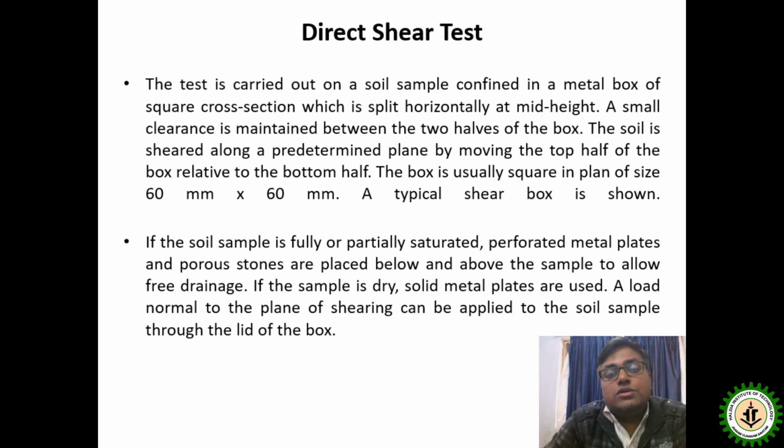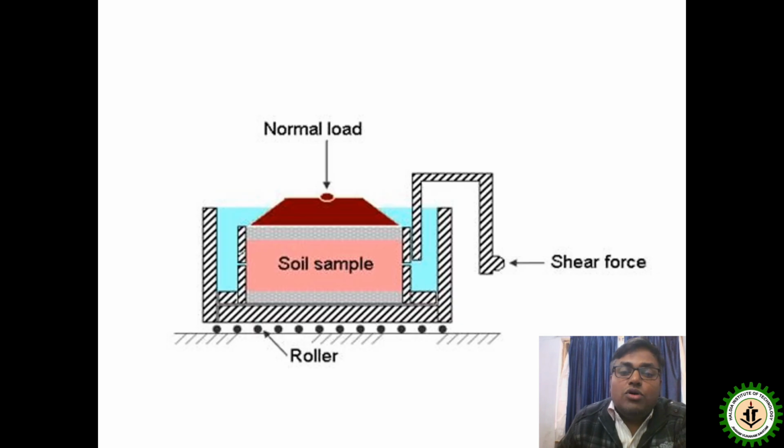First, coming to the direct shear test. In this direct shear test, you can see there is a box in which the soil sample will be taken, and there are an upper half and a lower half portion. Here we will apply a direct shear force on the upper half.